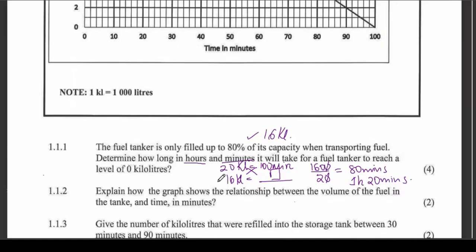Explain how the graph shows the relationship between the volume of the fuel in the tanker and the time in minutes. Listen to one thing. What do you see here?